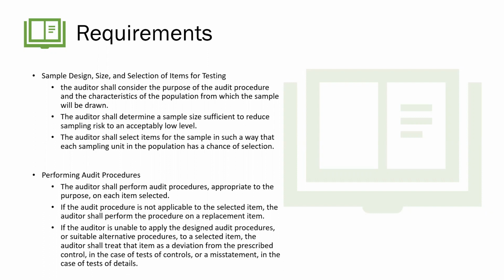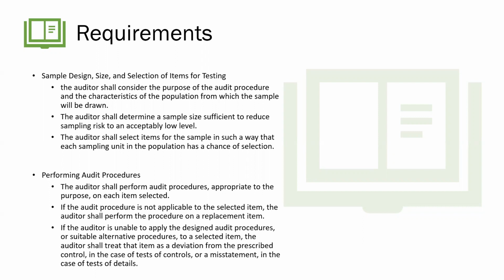If the audit procedure is not applicable to the item that you've selected, what you need to do as an auditor is select another item in your population to replace the item where you were unable to perform a particular audit procedure. So the standard allows you to replace a sampling item once you've selected it as a sample.